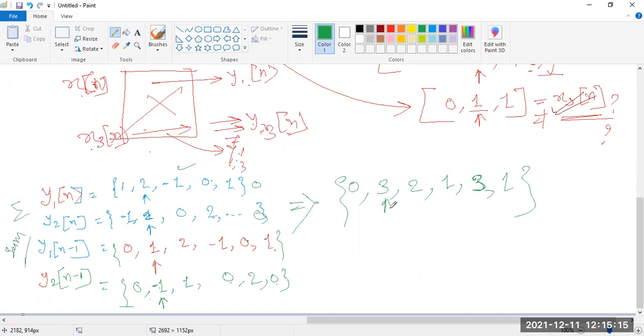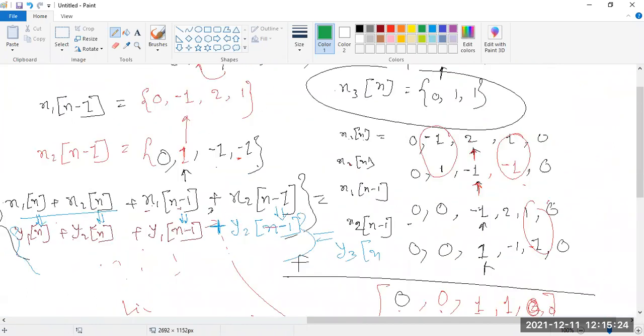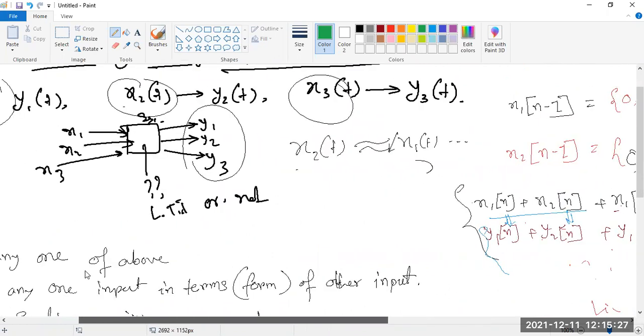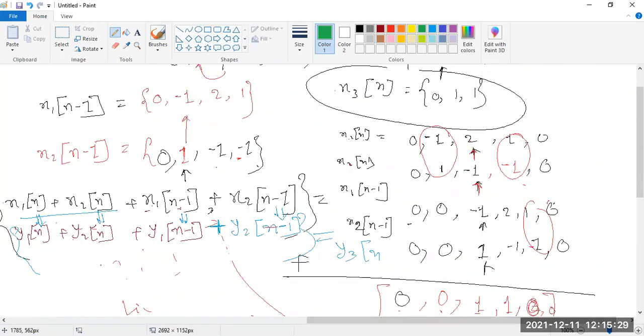Okay, but we have to check whether this term is equivalent to this y3 or not. What is your y3? You can see your y3 is here. Y3 of n is 0, 0, 1, minus 1, 1, 0, and the first one is the origin.